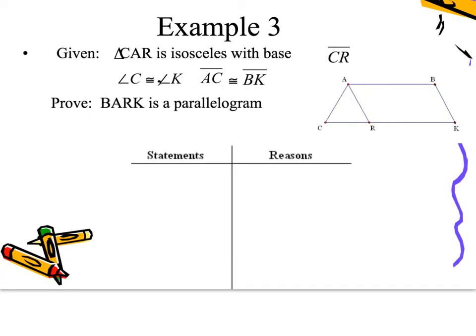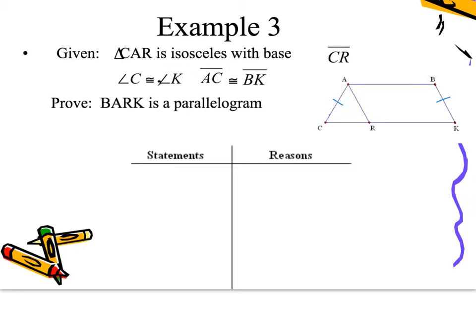All right, so I've got triangle CAR is isosceles with base CR. I've got angle C is congruent to angle K, and AC is congruent to BK. Let's jot some of this down in here. So AC and BK are congruent.